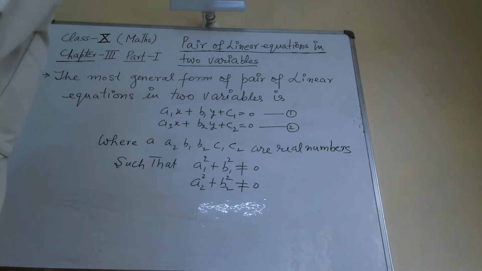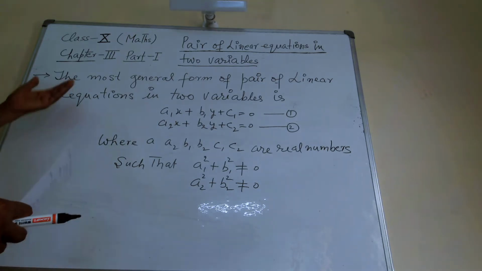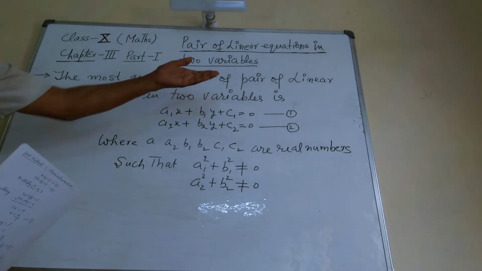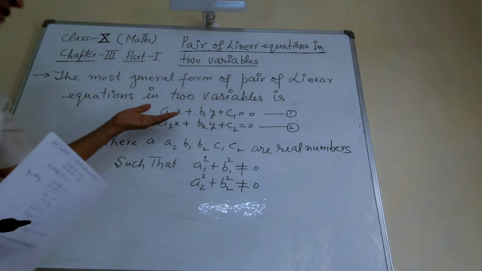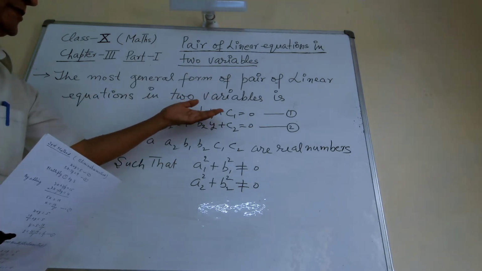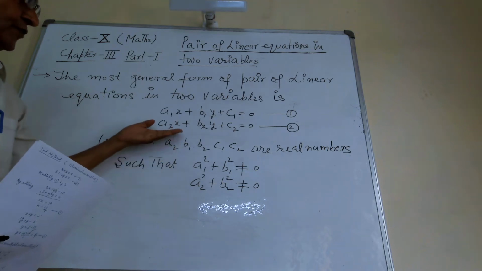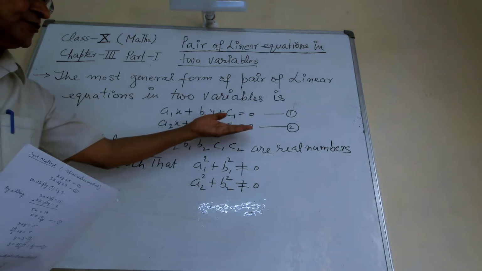I am going to teach you the third chapter of 10th class, part first, pair of linear equations in two variables. The most general form of the pair of linear equations in two variables is a1x plus b1y plus c1 is equal to 0, a2x plus b2y plus c2 is equal to 0.